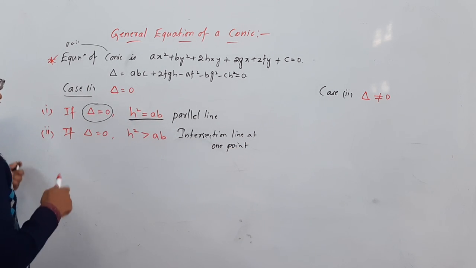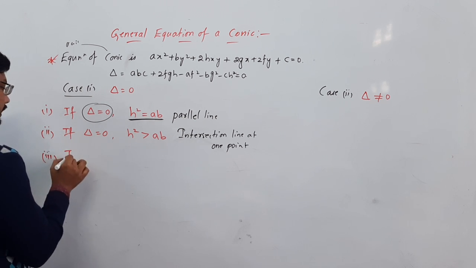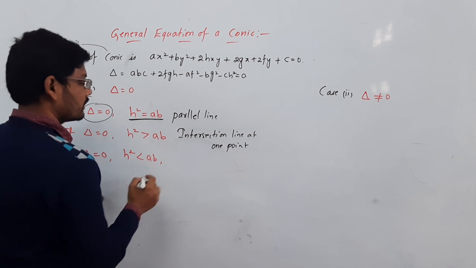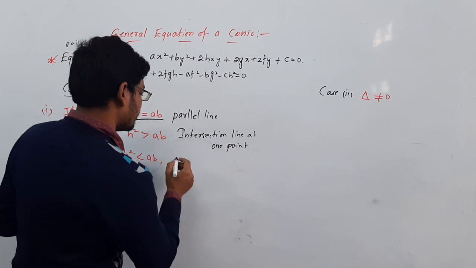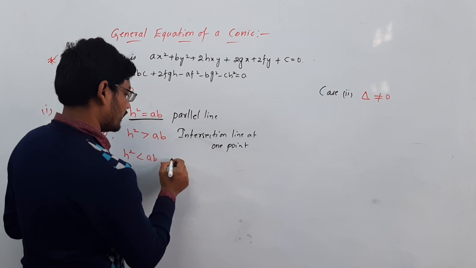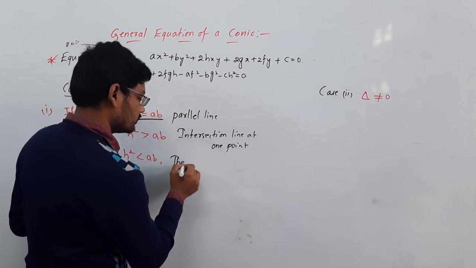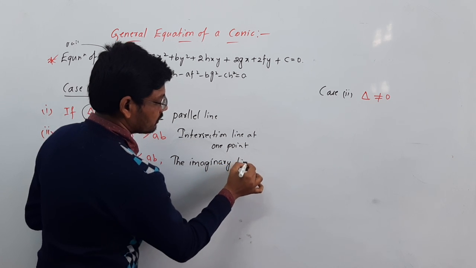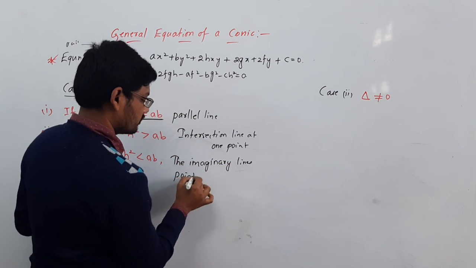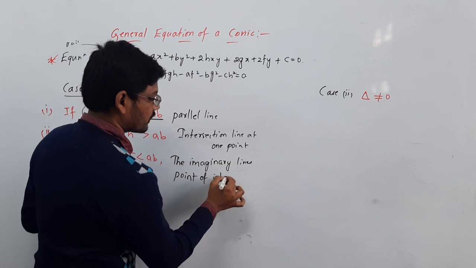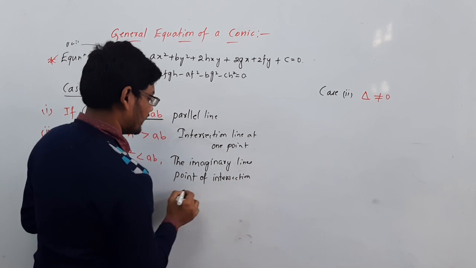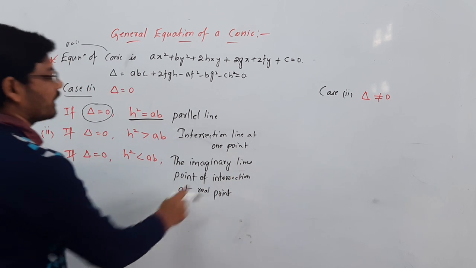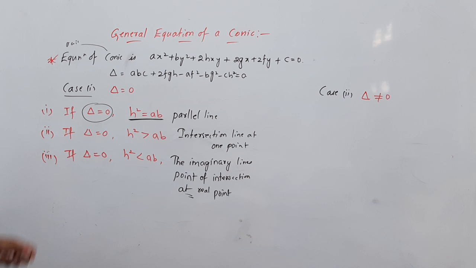And the third case is if delta is equal to 0, then h square is less than ab, then the lines are imaginary lines with the point of intersection at a real point. The imaginary lines' point of intersection is at a real point, this is called this condition.